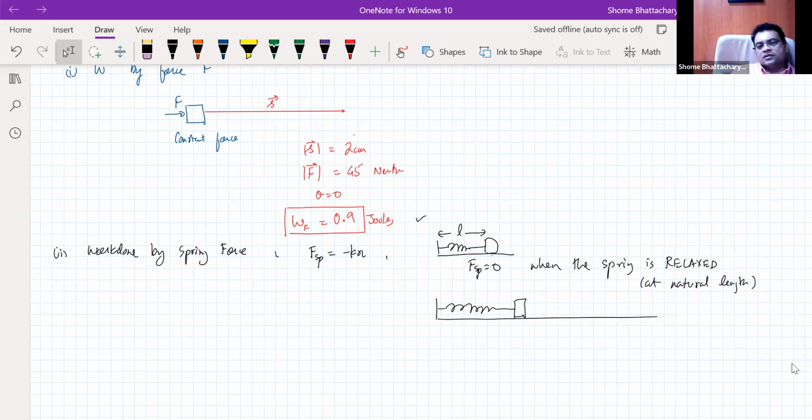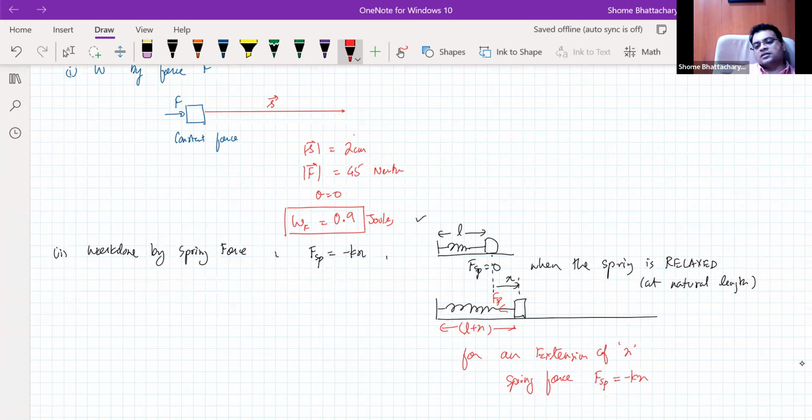So we displace the block from here by x. Now the spring becomes in what we call the extended state. It has an extension of x. So it applies a force like this. So for an extension of x, the spring force becomes minus kx.